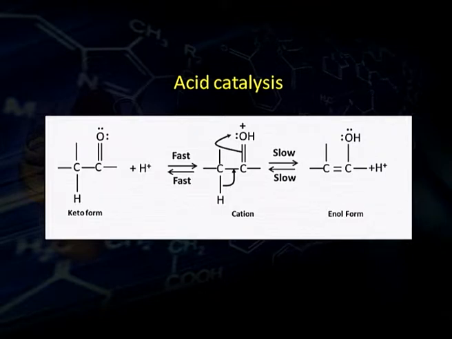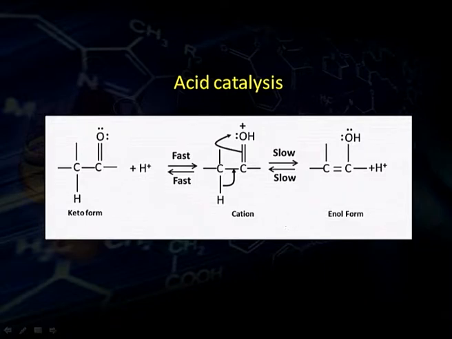But upon removal of H, if H is removed from the oxygen, it gets converted into keto form, and when H is removed from alkyl group, it gets converted into the enol form. This is known as the acid catalysis.